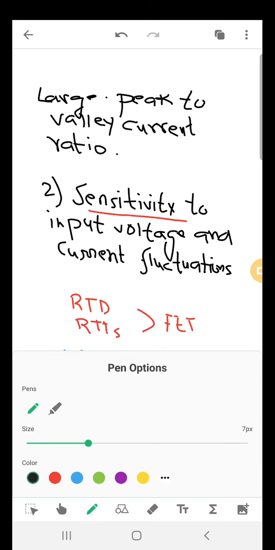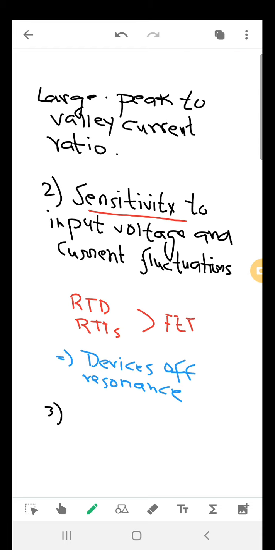Now the third drawback is cryogenic operation. It has been possible to build circuits with hybrid RTD FETs operating at room temperature.